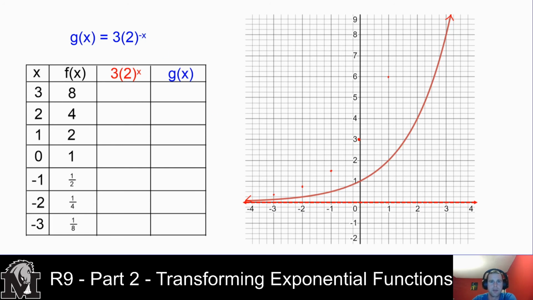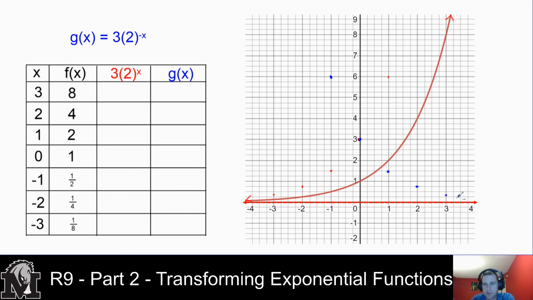The next thing we're going to do is reflect everything over the y-axis. So that's the left-right flip. So here our x value is 1. That moves over to -1. The point with an x value of 0 stays at 0. X value of -1 moves to x value of +1. X value of -2 moves to an x value of +2. And x value of -3 is x value of +3 now.